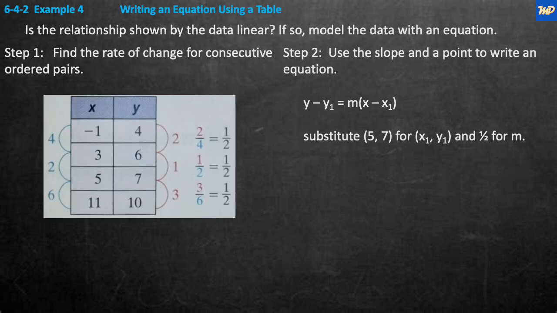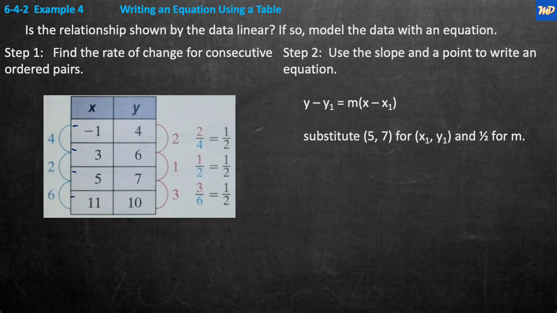Okay, example 4, writing an equation using a table. Is the relationship shown by the data linear? That's the question. You see the data in the chart. If so, model the data with an equation. Step 1, find the rate of change for consecutive ordered pairs. Well, the ordered pairs are these right here: (-1, 4), (3, 6), (5, 7), and (11, 10).